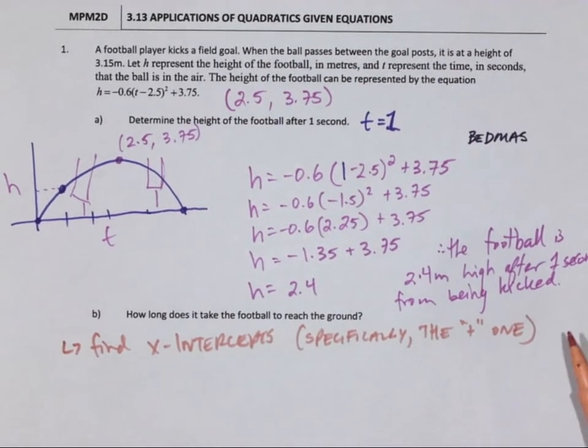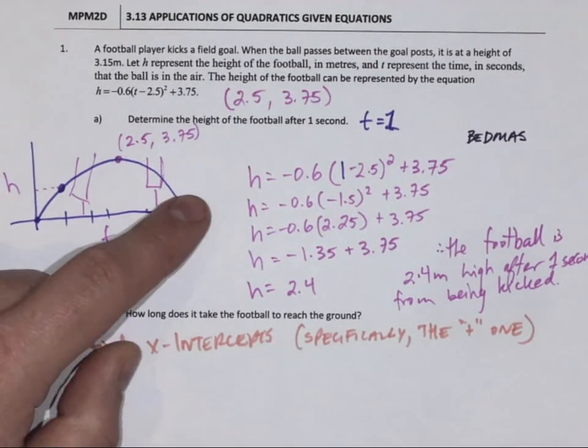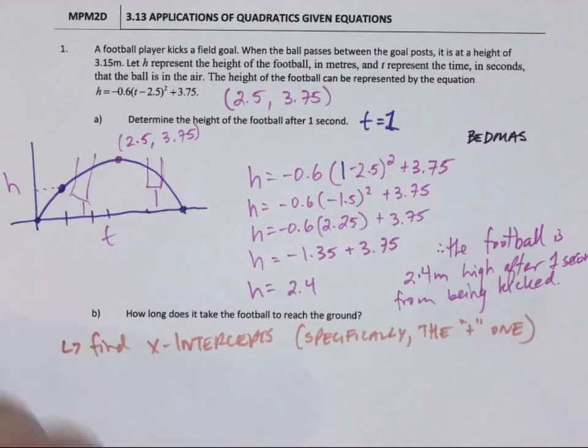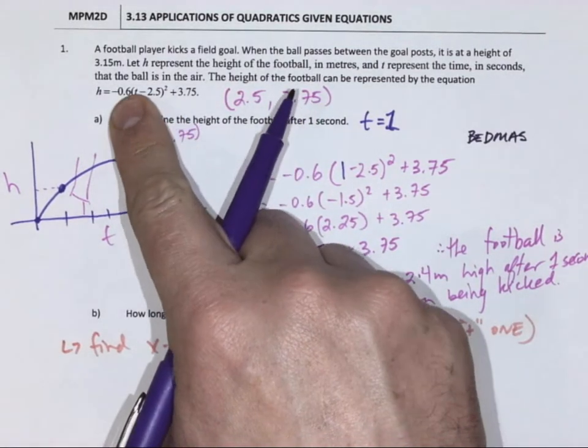So if we want to know that, what is the height going to be when the ball hits the ground? Right now, that is when the height is 0. So let's sub in a height of 0 into the equation and solve for time.